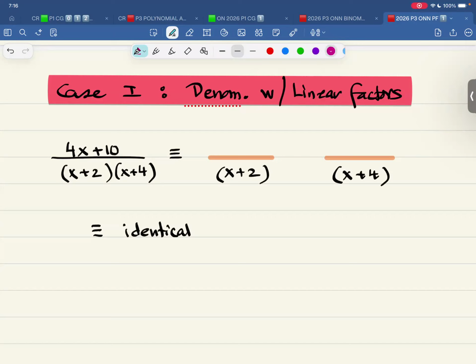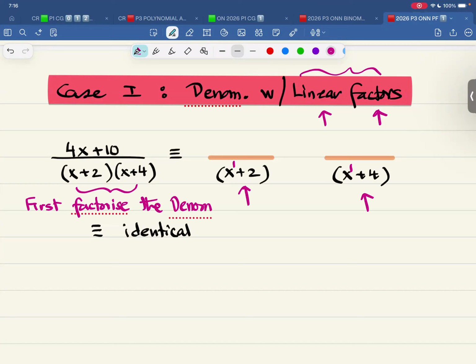By the way, we term these as the linear factors because the power of x is 1. So whenever a question is there, we will first factorize the denominator if it's not already factorized. So that is rule number 1. First factorize the denominator. It is denominator with linear factors.